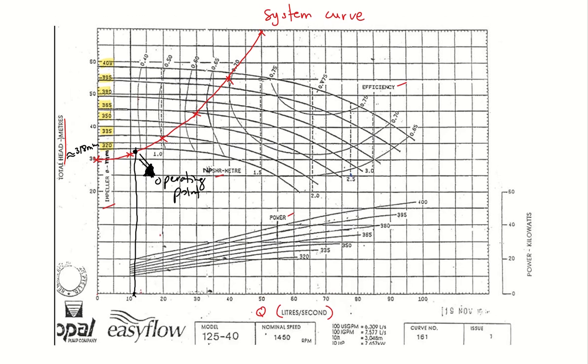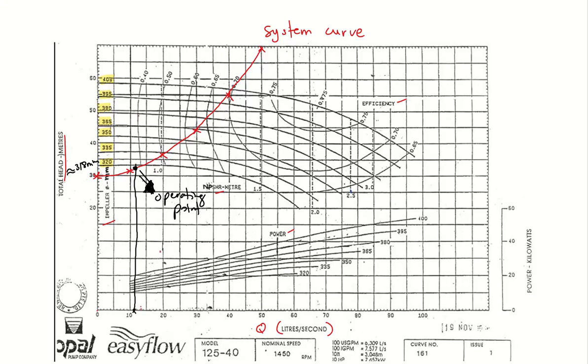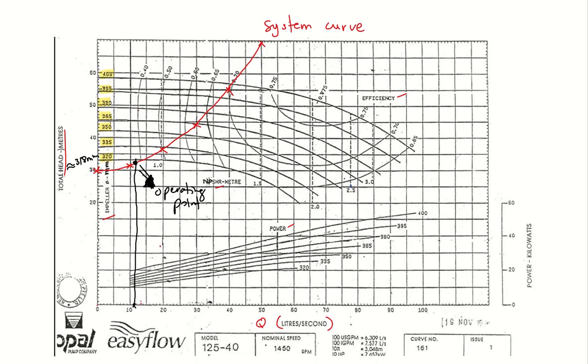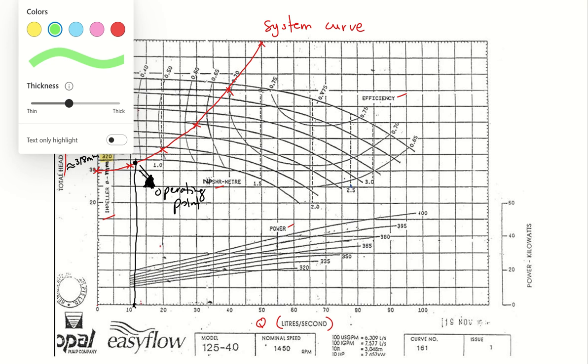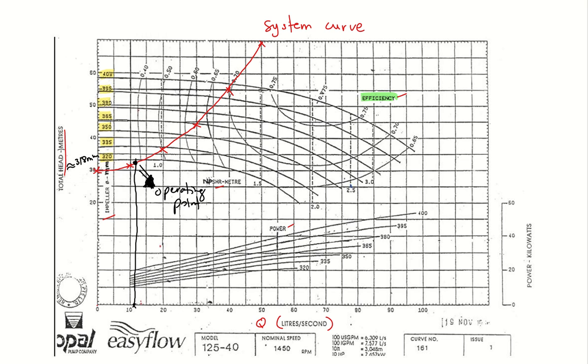All right. Then the question also wants you to get the efficiency of the pump. So this is the efficiency of the pump. If you look here, efficiency lines like 0.75, 0.7, 0.65, 0.6, 0.5, 0.4. And since there are also no lines on the operating point, but you can see the trend is like this.